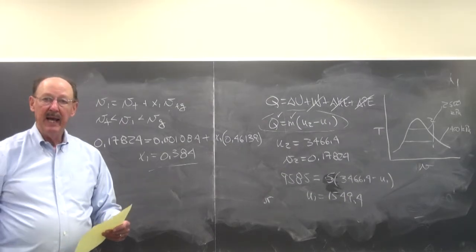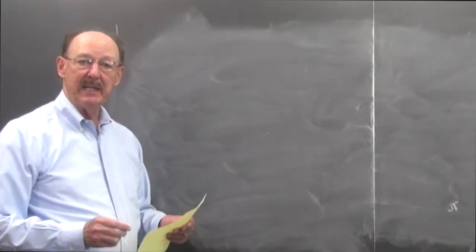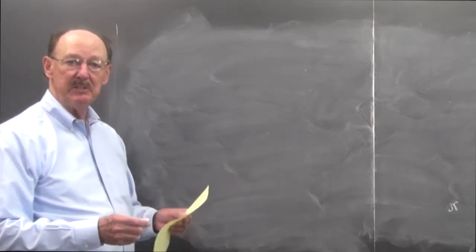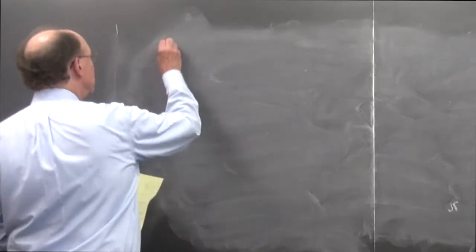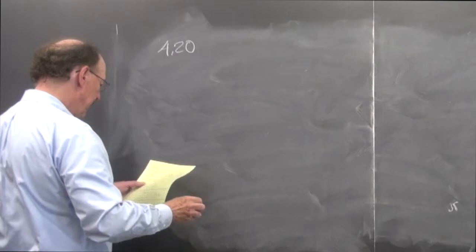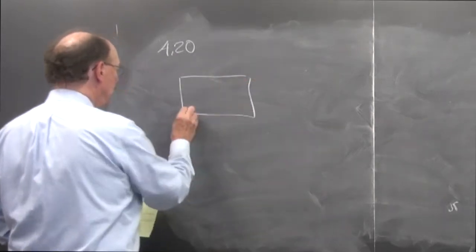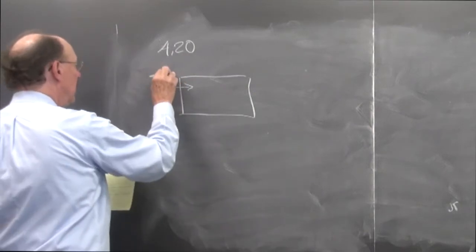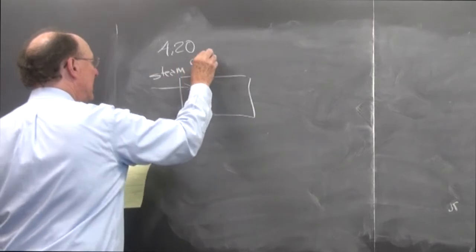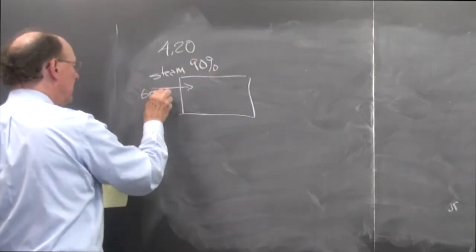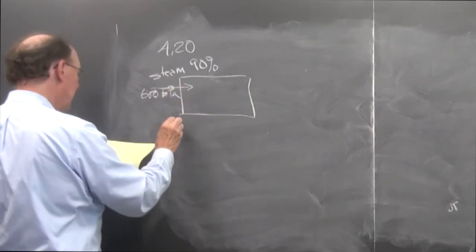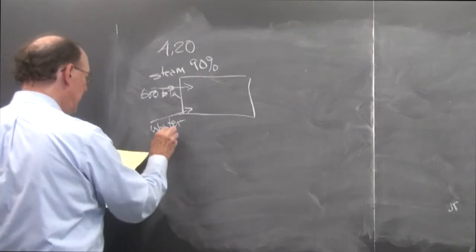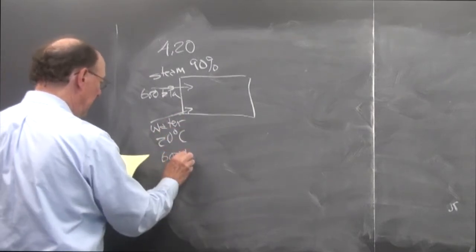Now I'd like to look at another problem. Let's look at problem 420. Again, I recommend that you look this up and read it in the text, that you not proceed watching the video until you've done that. It's your call. So 420, in this case, we have a mixing chamber where we're going to have steam coming in at 90% quality, 600 kPa, and it's going to mix with water at 20 degrees C and 600 kPa.